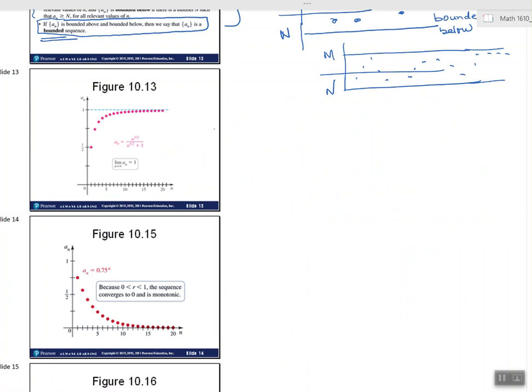Here is another example of a sequence which converges to 1, and you can clearly see by its direction in the graph that it converges to 1.